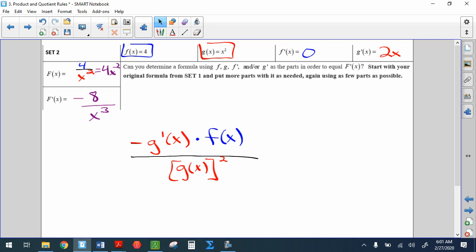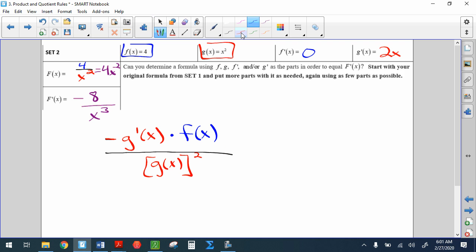If I start with the expression I had from last time, the negative g prime of x is negative 2x times 4 over g of x squared. g of x is x squared, squared.